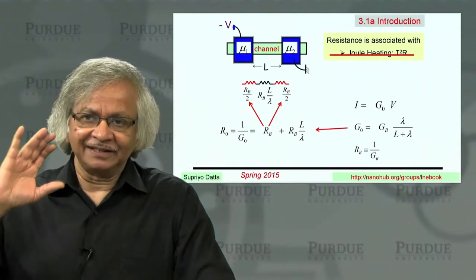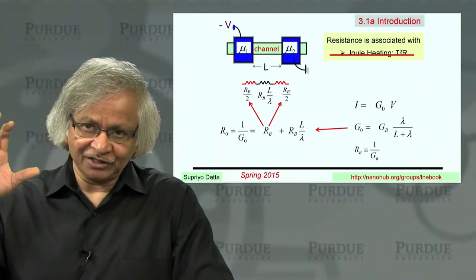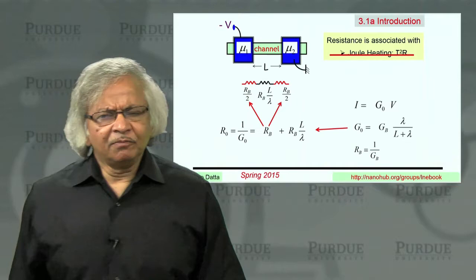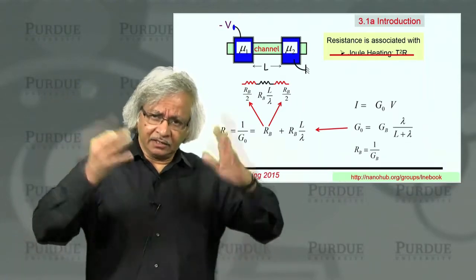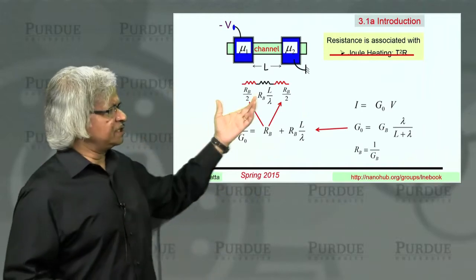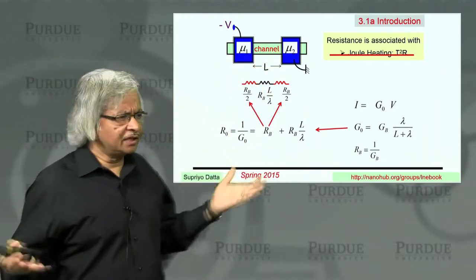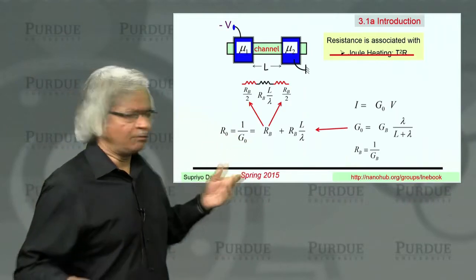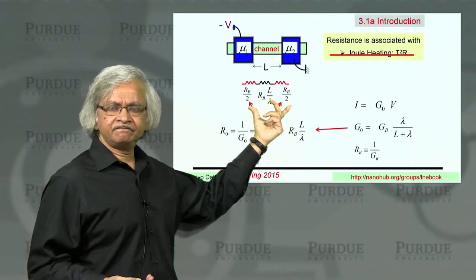That is, we have assumed that the channel is an elastic resistor, or this Landauer resistor. So you might say, well, if the heating is in the contacts, then why don't we just say that the resistance is everywhere? If the heating is in the contacts, that's where the resistance is. Why do we say the resistance is in the channel and this much is at the interfaces?